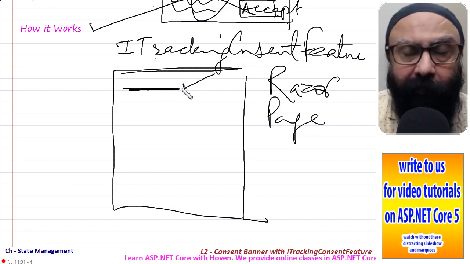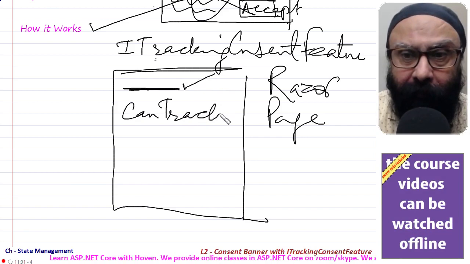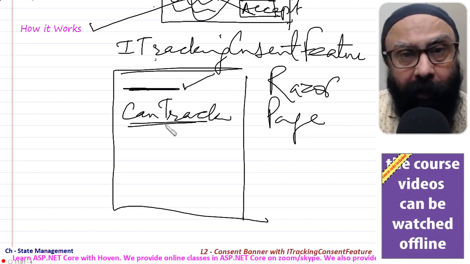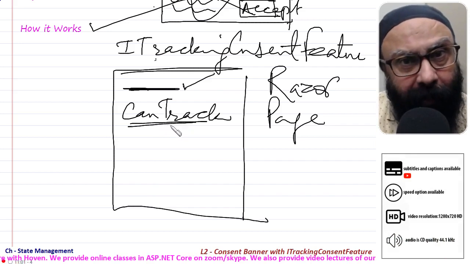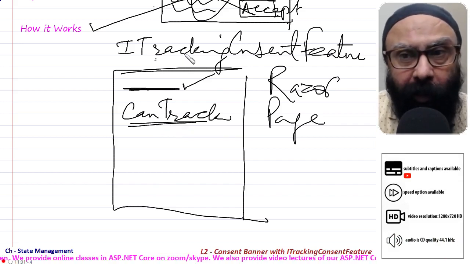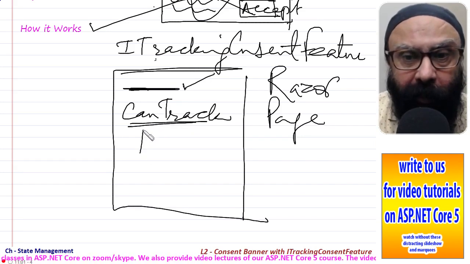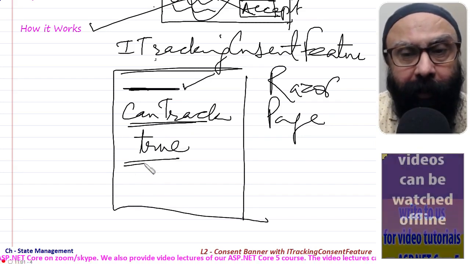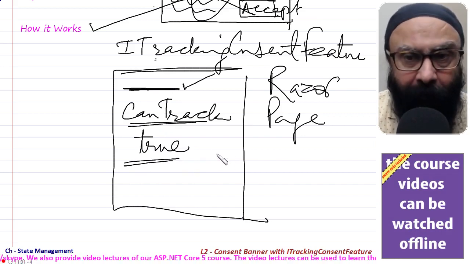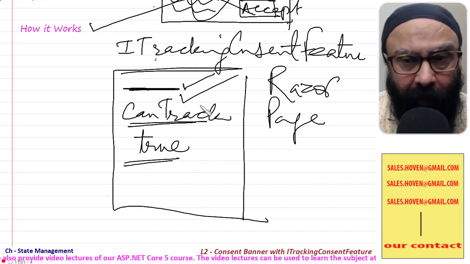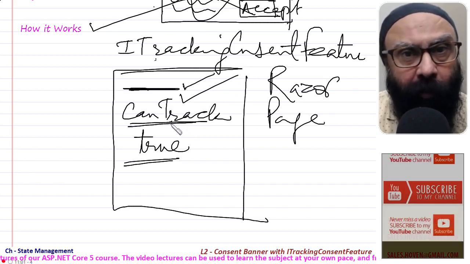But let us say it is available to us. Then this interface has an important property called CanTrack. If this property is true, then it means that the user has given his acceptance, that is, you can track him. And if this is false, that means the user has not consented.